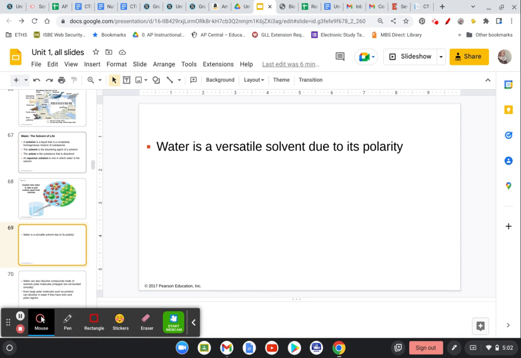What I mean by that is you would want to talk about how it's got those partial negatives and partial positives due to the way the electrons are held unequally by the hydrogens and by the oxygens. So explaining how the hydrogen bonds come about, that would be the answer to that question.